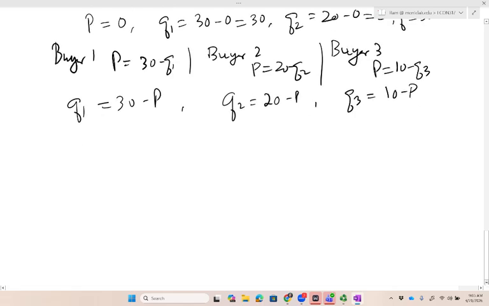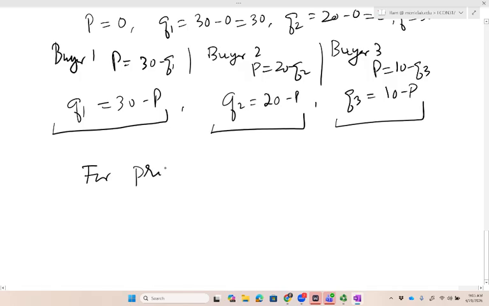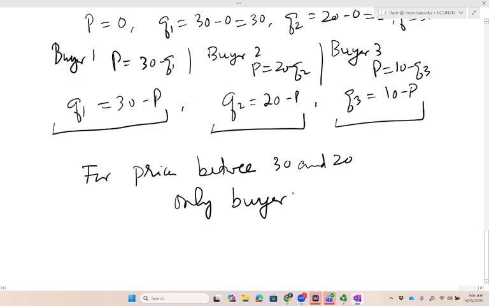So now you can see buyer 1 buys positive quantities when price is below 30. Buyer 2 buys positive quantities when price is below 20. And buyer 3 when price goes below $10. So for price between 30 and 20, only buyer 1 is present in the market.